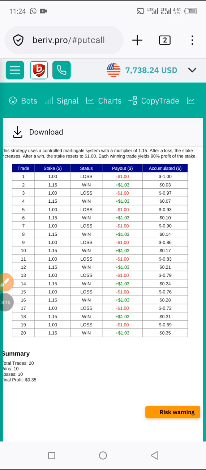And then if you win that trade, it means we now have 3 cents, and then the accumulated profit is now 3 cents.